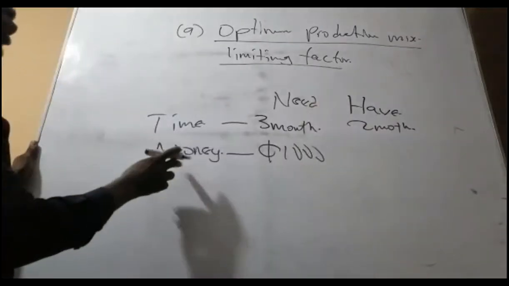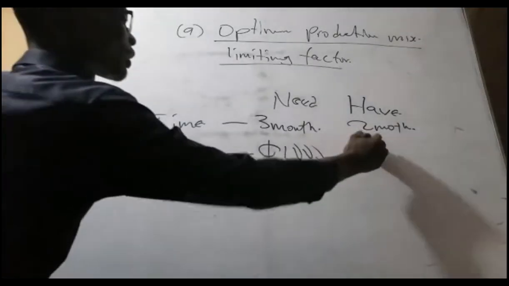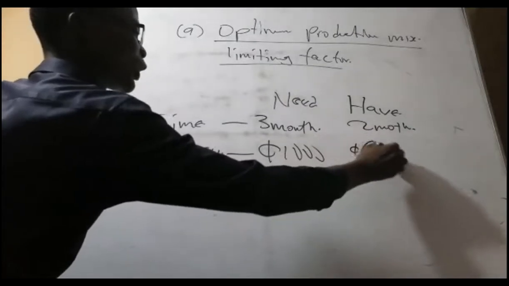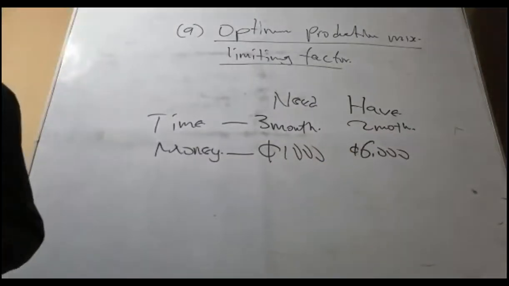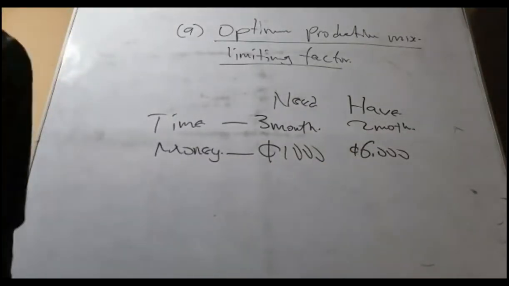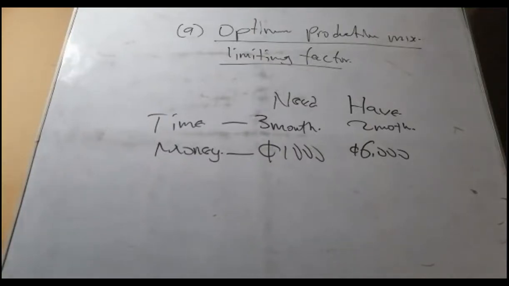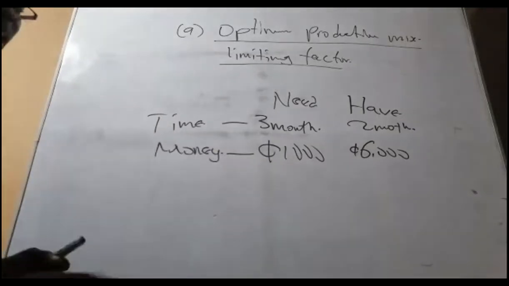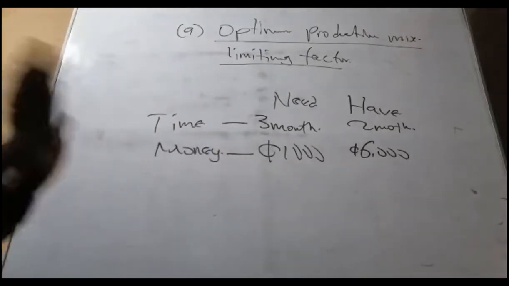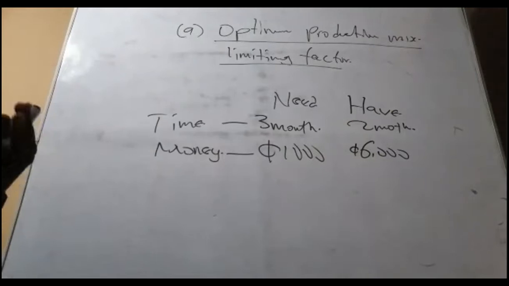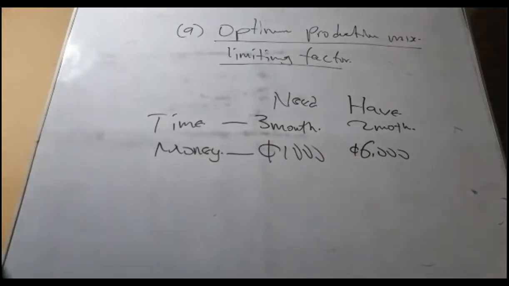But when it comes to money, you have maybe 6,000 somewhere. So money is not an issue for you at all. Yes, you have dough. So instead of 1,000, if you have 6,000, at least you have 5,000 extra.